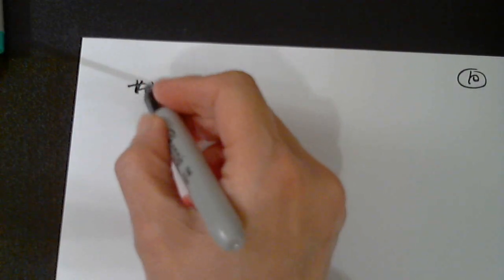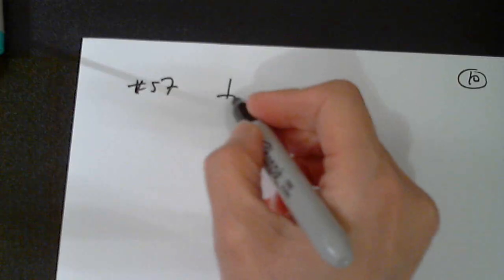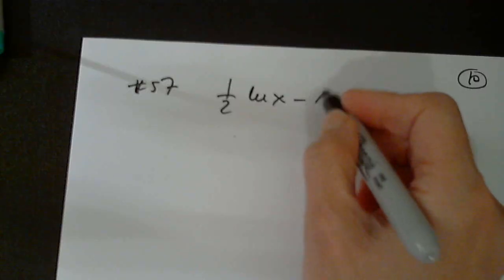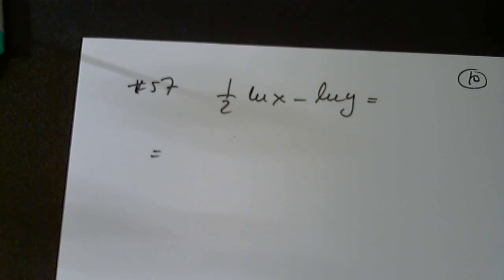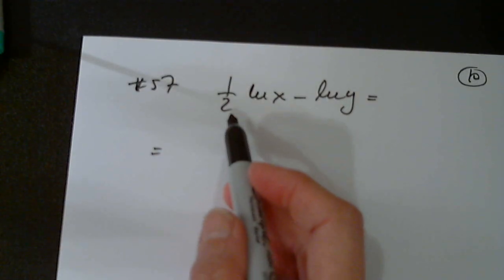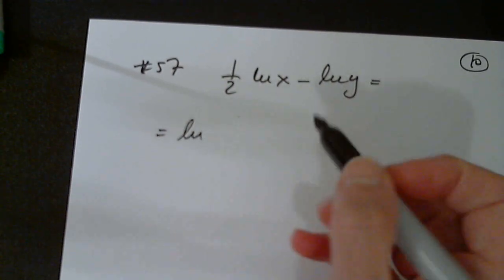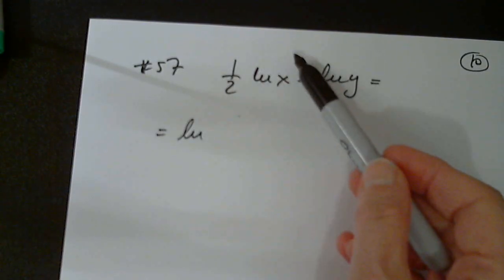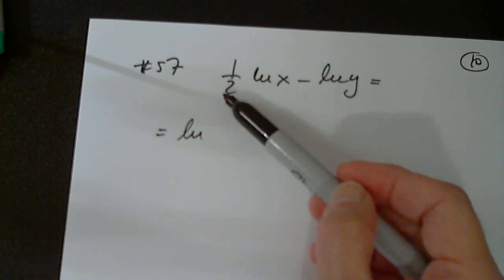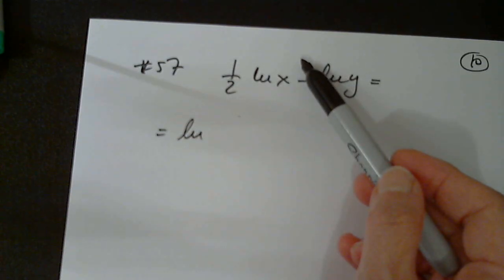So in 57, we have 1/2 natural log x minus natural log y. Well, we know that power 1/2 represents what? When I bring the power back to x, what does x to 1/2 represent?